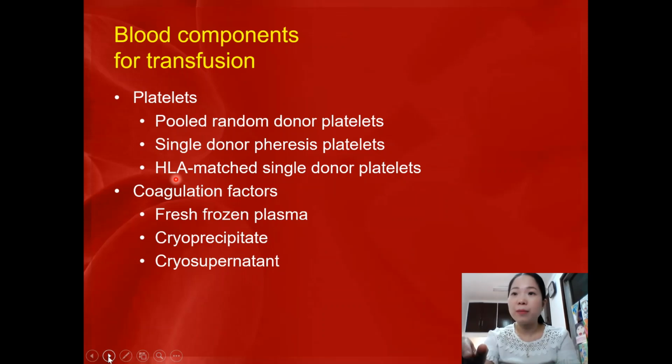Remember, there are some individuals who have HLA antibodies and they may have platelet refractoriness. That's why there are some institutions abroad where they are able to check the HLA typing of these different platelet units, and then if there is a referral for HLA matched single donor platelets, they can donate.